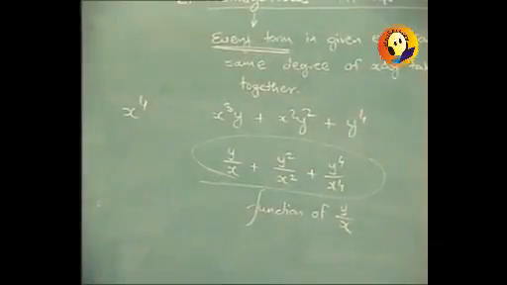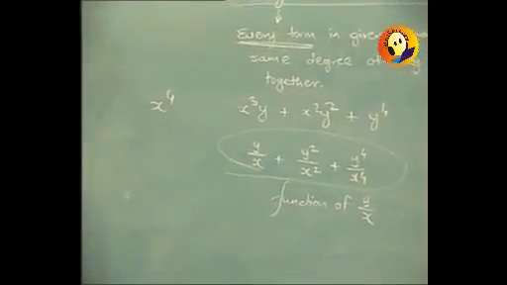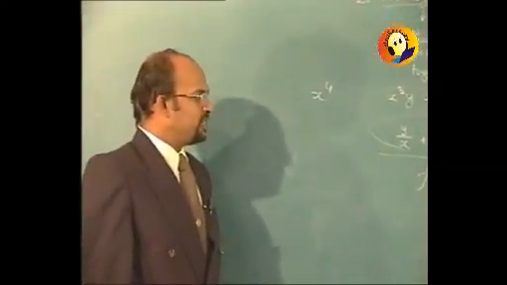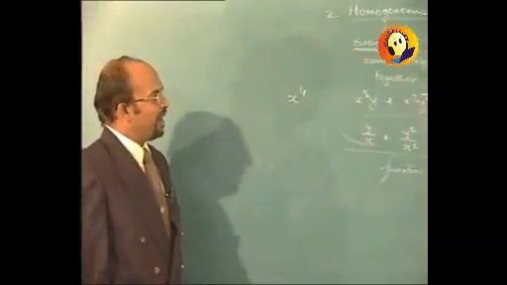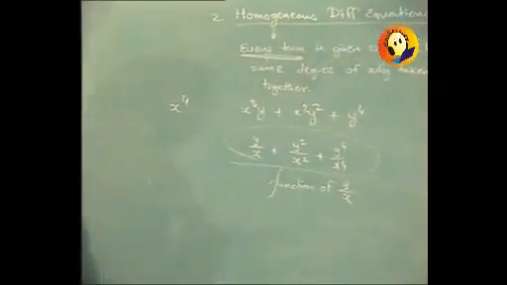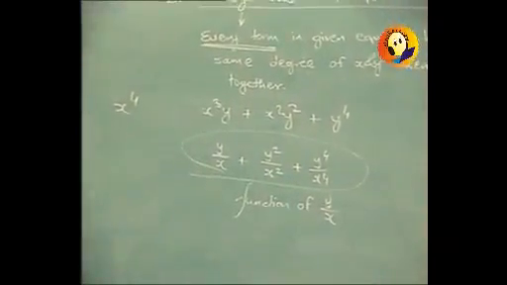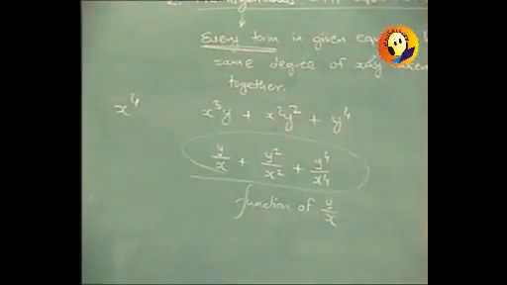So a homogeneous equation of degree n, when divided throughout by x raised to n, will result in a function of y by x. We will be using this particular policy to solve the differential equation.